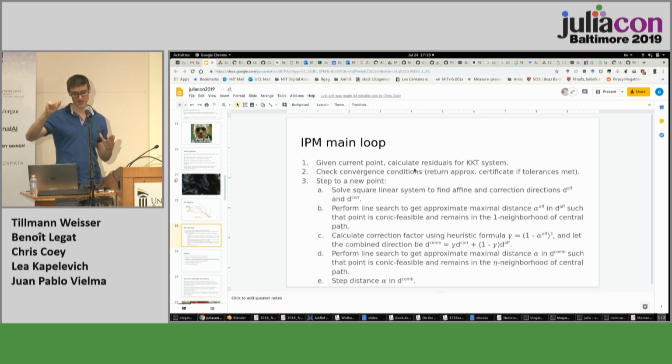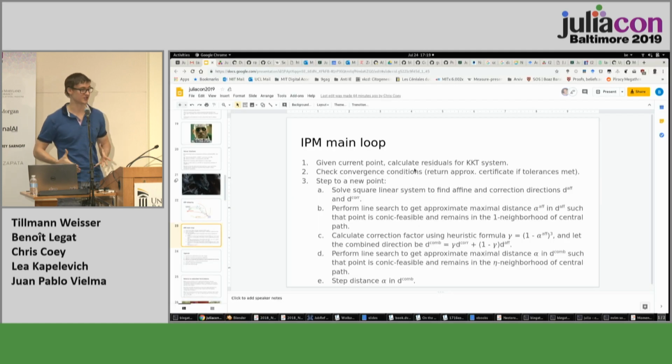We're going to perform a line search. Then we're going to use this heuristic formula to find a combined direction. And we're going to do another line search to see how far we can travel in that combined direction. And then finally, we're just going to step that maximal distance alpha. So all of these steps, the user can modify quite easily because there are nice abstraction layers.